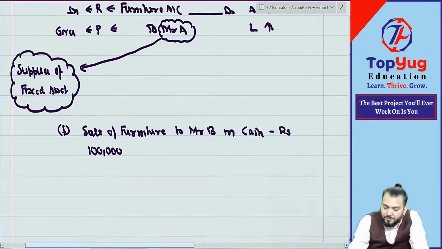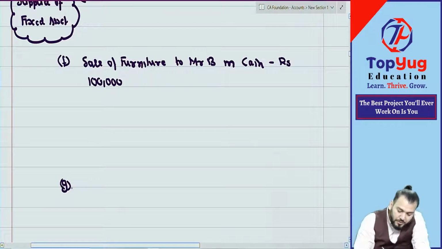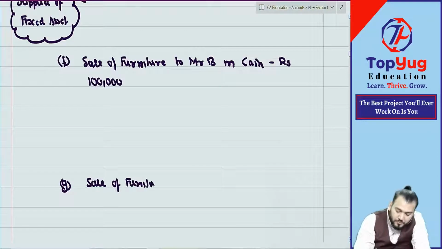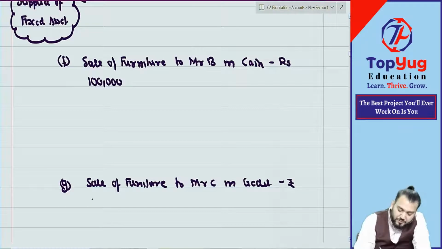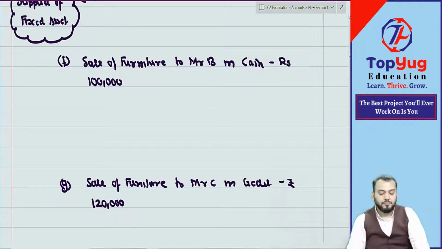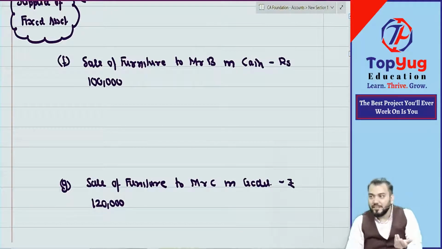The sale amount is 1 lakh. Then sale of furniture to Mr. C on credit, rupees 1,20,000. Understood? Now here, furniture is goods only.